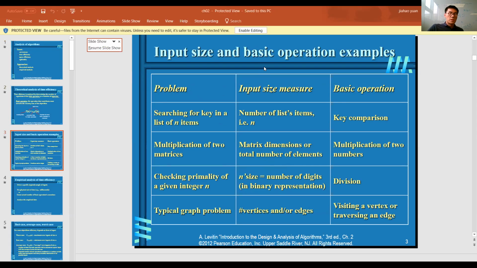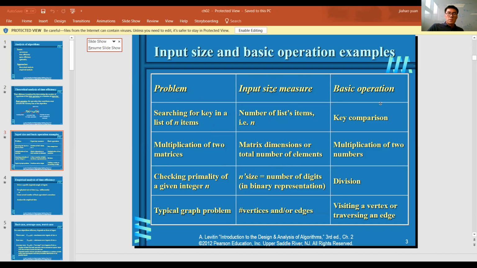So here are a few examples. Every time our algorithm tries to solve a problem, for example, if the problem is searching for a key in a list of n items, then what is the input size? Apparently the input size would be the number of items in the list, which is n.